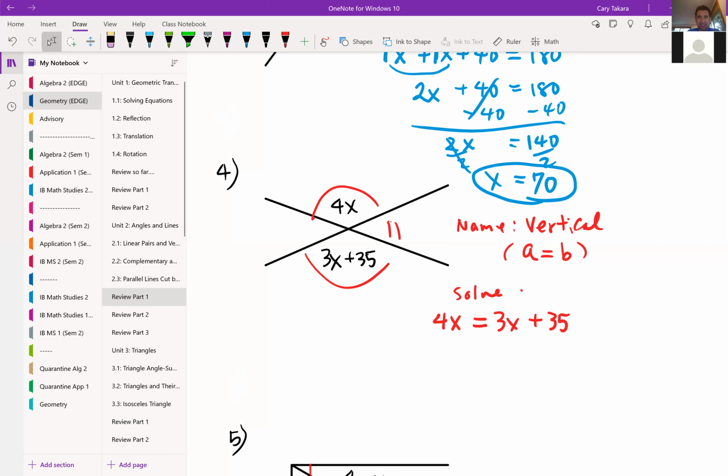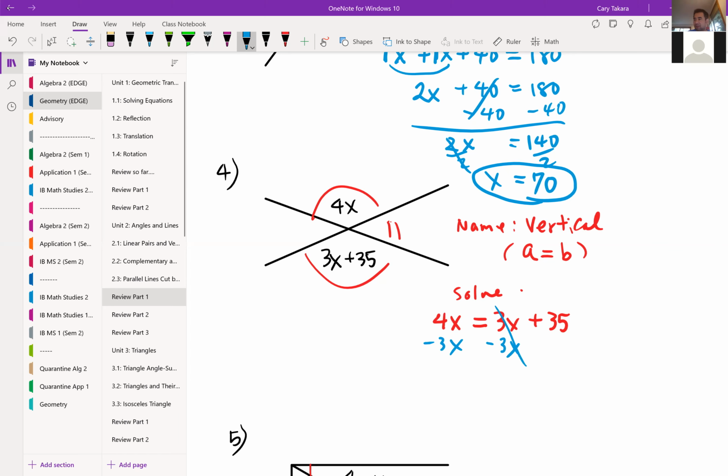Okay, very good. Anybody else? Were you able to solve that? It's actually just a one step, isn't it? All you do, we've got x and x on both sides, so let's get rid of the smaller x. Subtract 3x, subtract 3x.